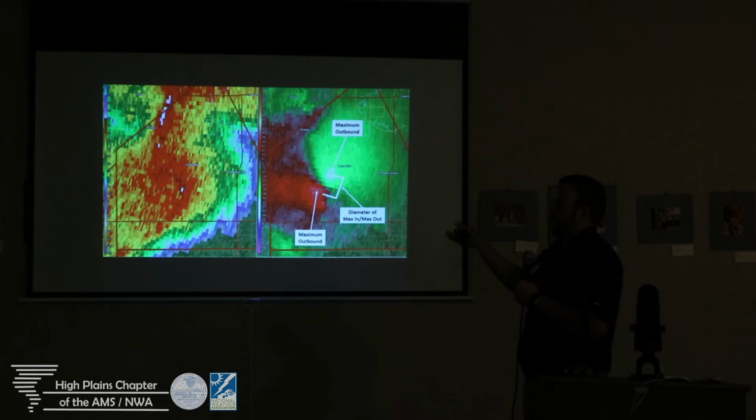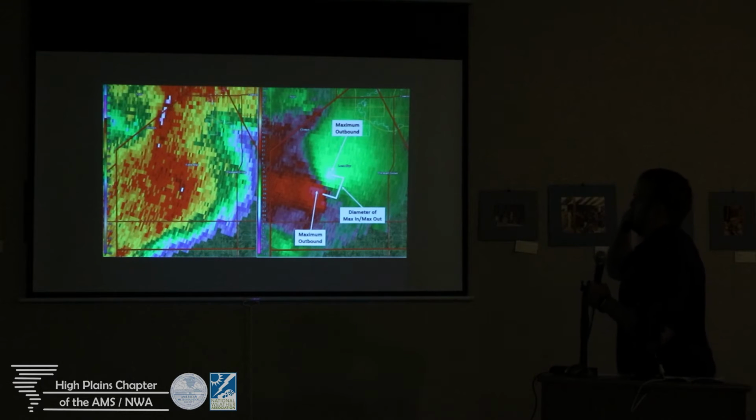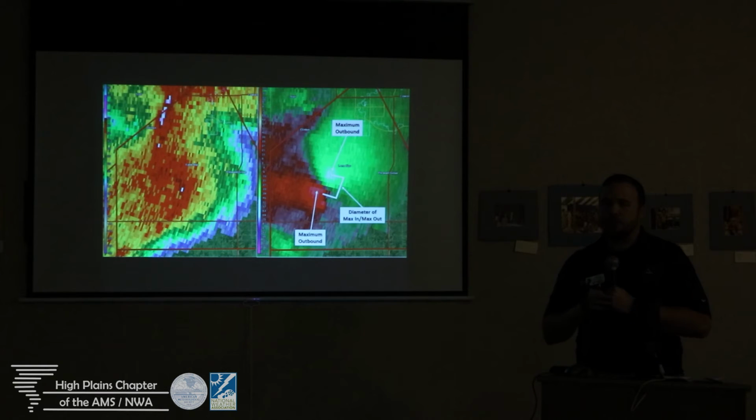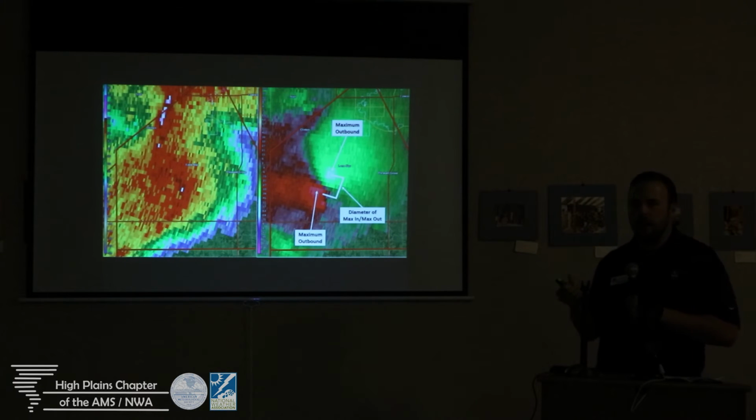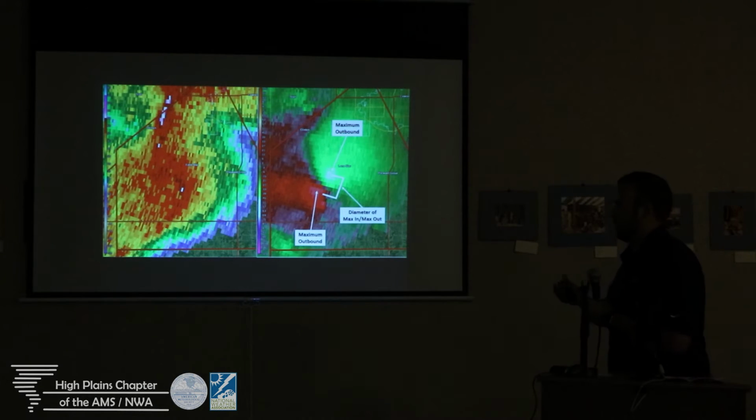So this is just an example. This is the Lawrence tornado as it developed southwest of Lone Star Lake. Basically how we envisioned using this would be more of a radar assistant, just another tool in the toolbox using some of the features that TWIP has introduced.